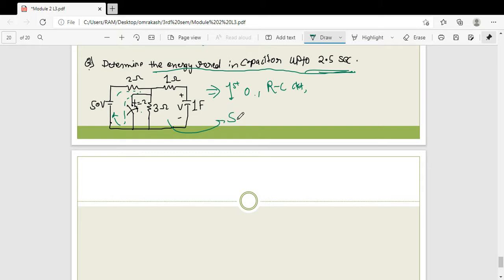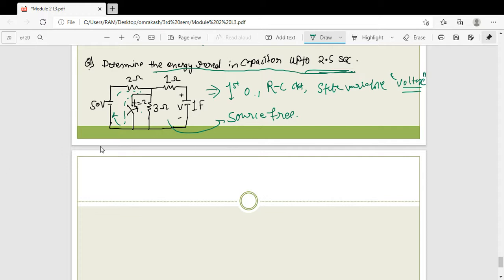So this is the source free response. And what is the state variable? Because of the RC circuit, the state variable is voltage only. It means you have to calculate the equation for this voltage.